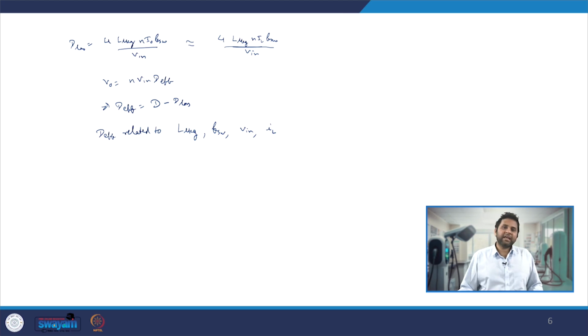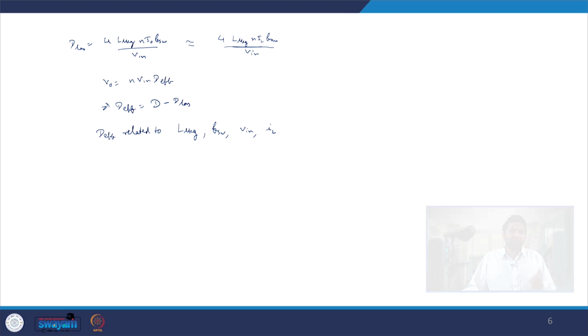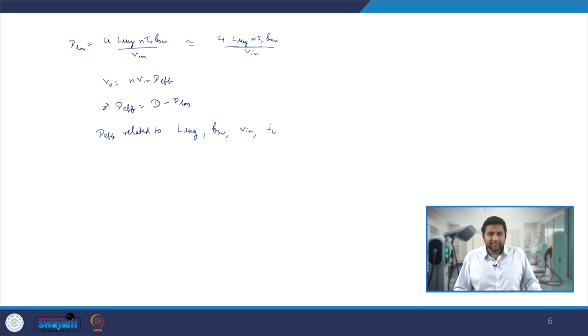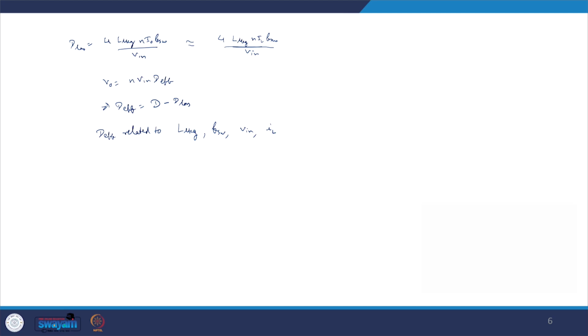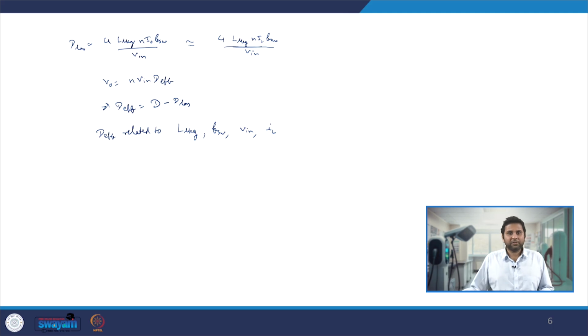Since the L leakage and Fsw are not going to change, there is no change in D effective which may occur due to them. However, during the operation of this converter, we will see that V in may change and IL may change, because suddenly there could be a transient which changes the V in voltage and the average current going through the inductor. You can imagine, let us say suddenly the load changes, so your IL value also changes.